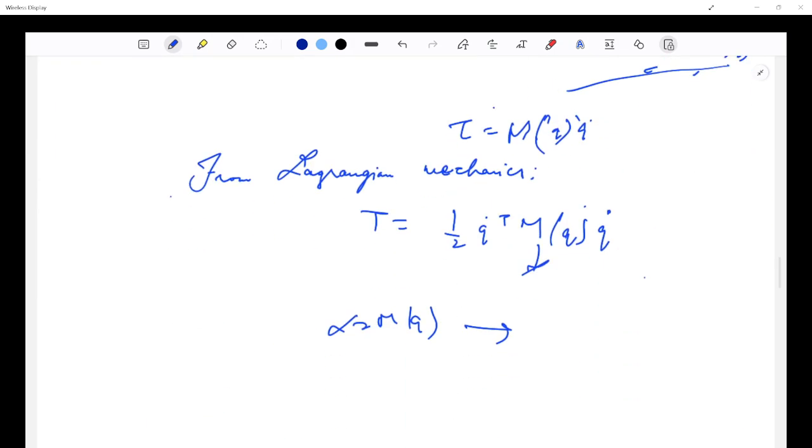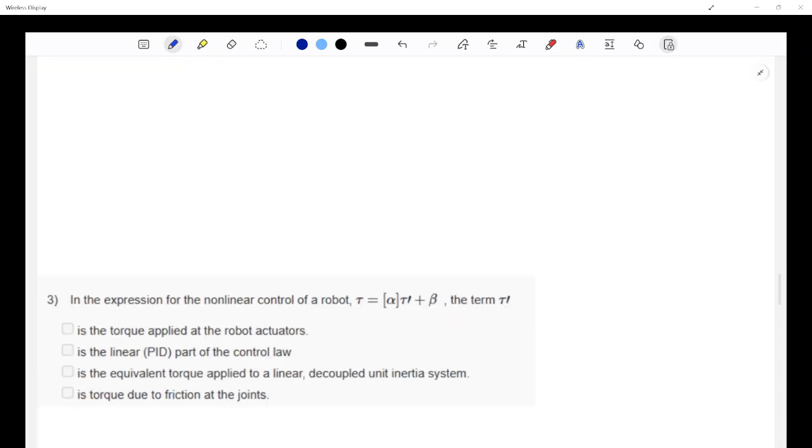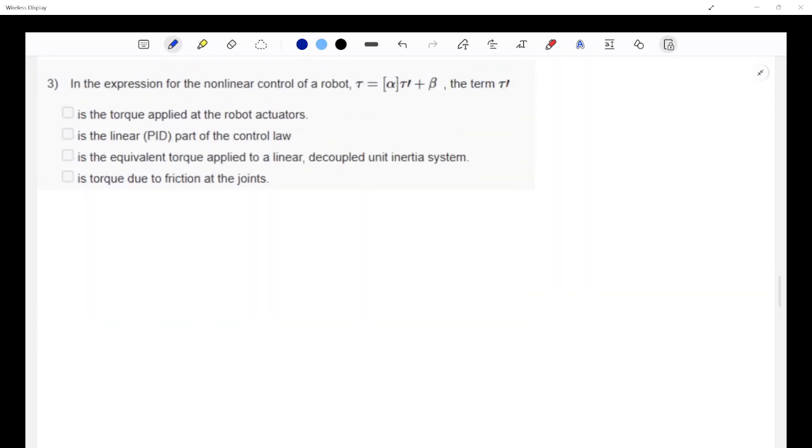Okay, let's move to the next question. In the expression for the nonlinear control of a robot, tau is equal to alpha tau dash plus beta.